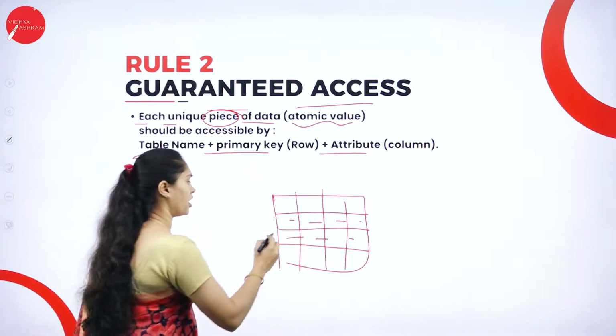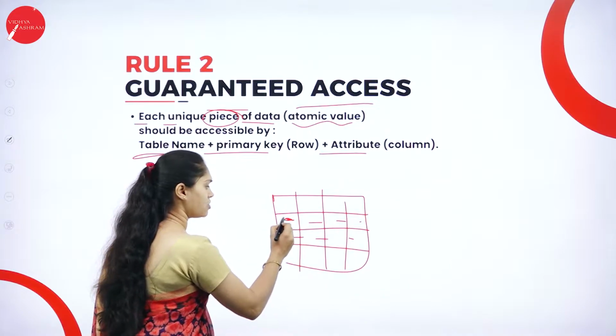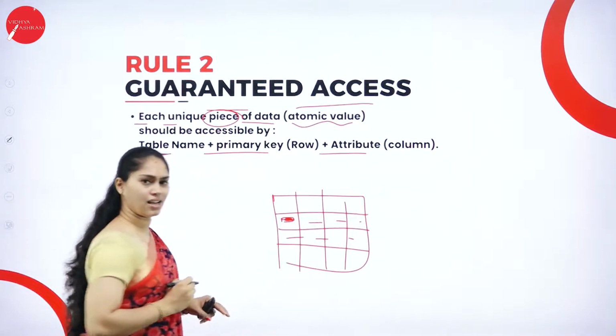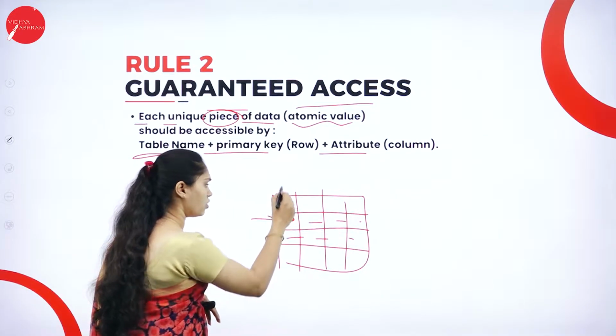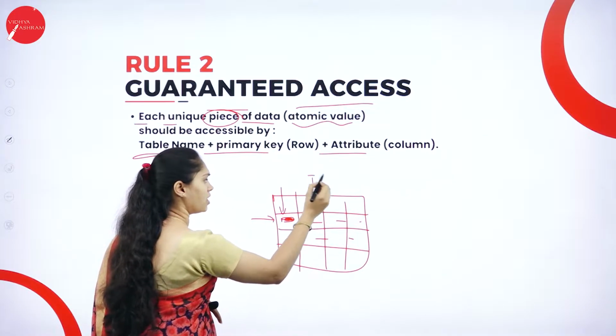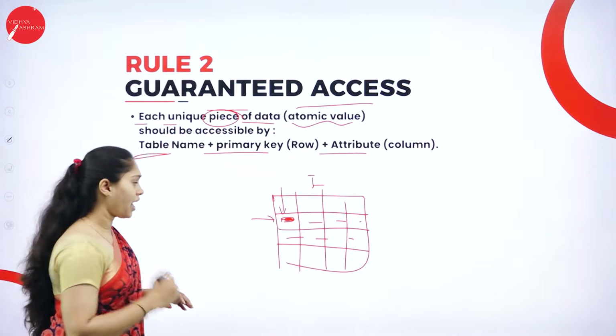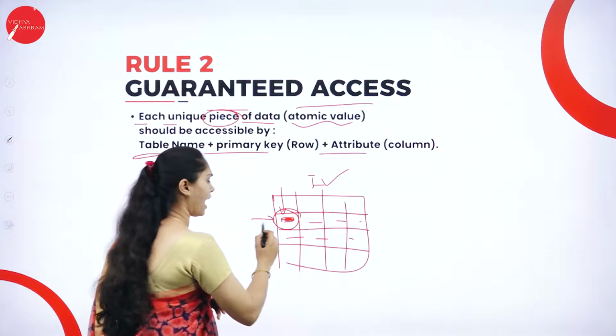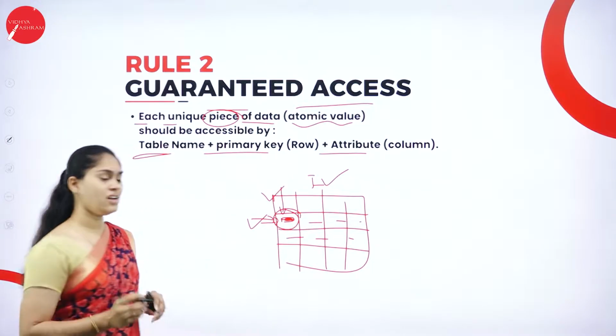Imagine I want to access the content in a cell that belongs to a certain row and a certain column of a table. I can access it with the help of the table name, the row, and the column.